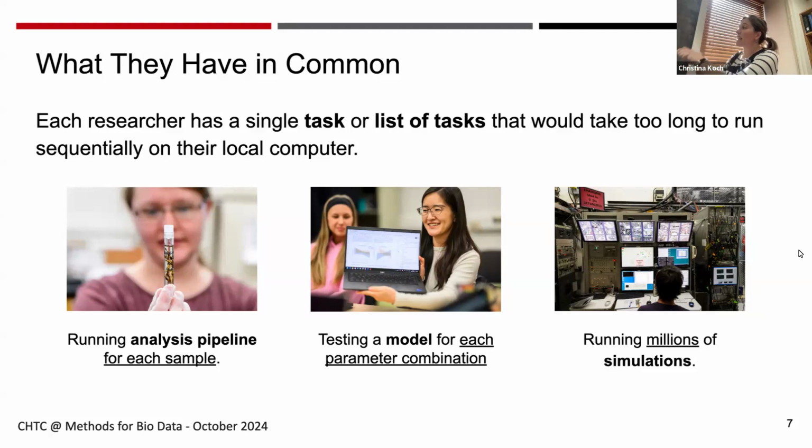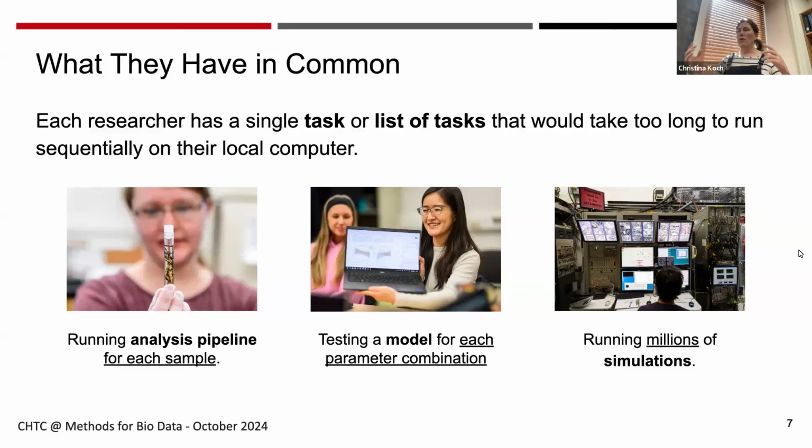In this case, most of them have a list of tasks that would take too long to run sequentially on their local computer. So for our plant pathology researcher, their list of tasks is just their list of samples, right? They want to run the pipeline for each sample. For our researcher number two, they have a bunch of different input parameters, and that's their list of tasks. It's their list of parameters. And for our physics researcher, it's just the list of simulations they need to run, right?